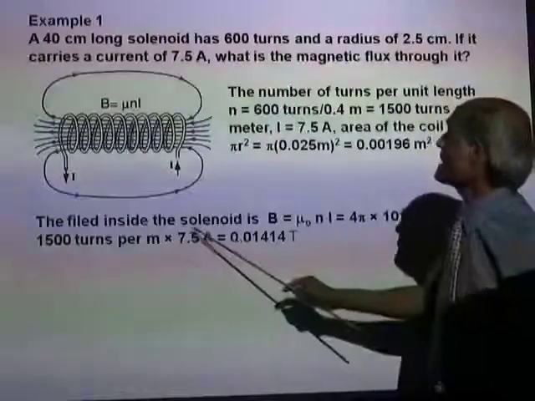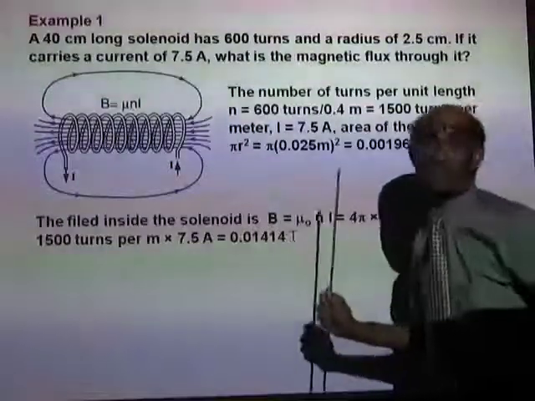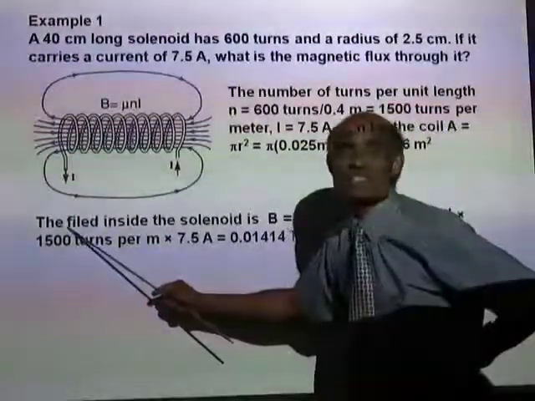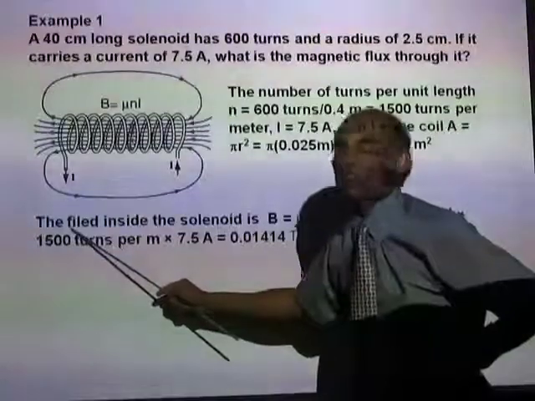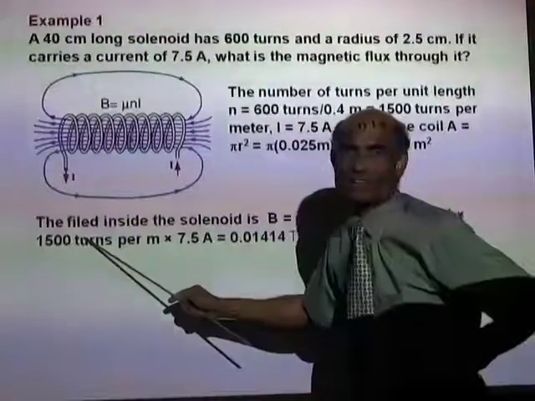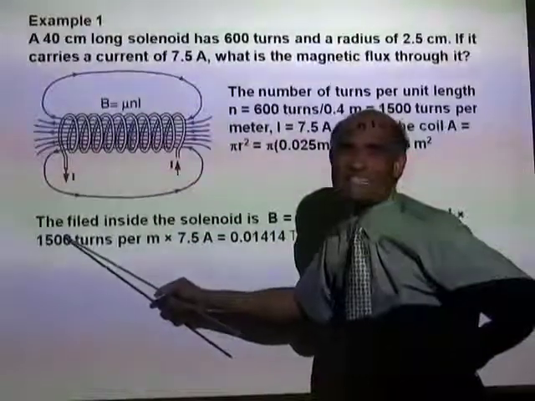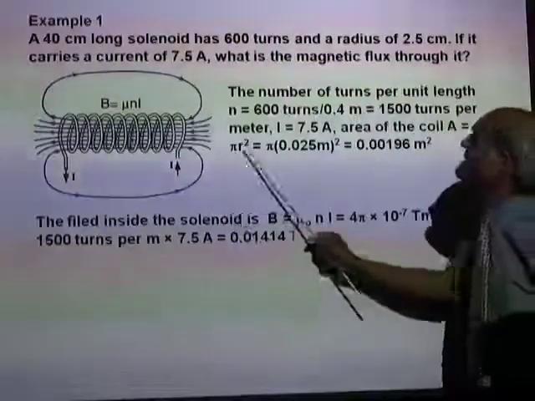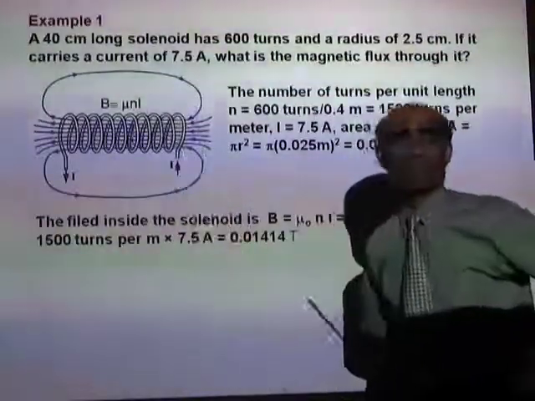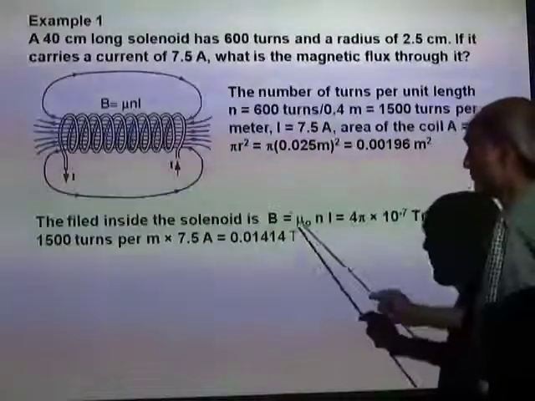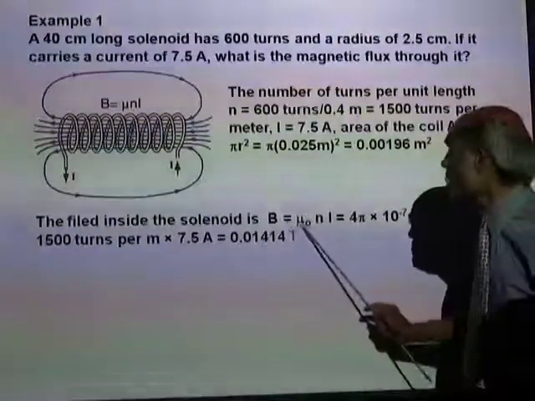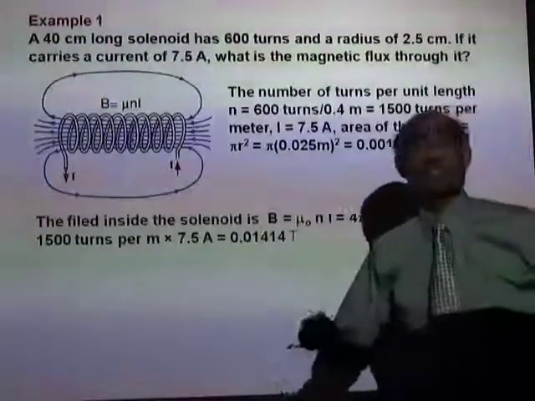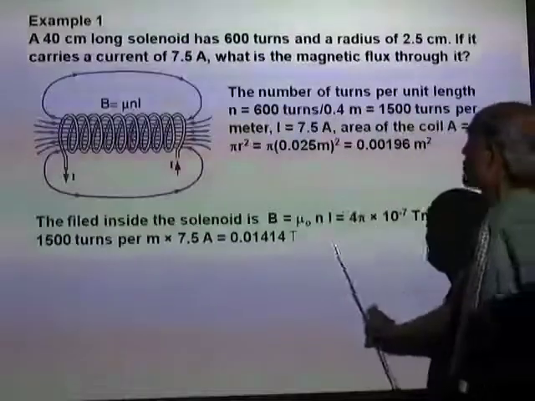Now, what's the expression for the field inside the solenoid? If you notice some misspelled word, this is supposed to be field, not filed. Microsoft Office doesn't detect it because it is a right word. Alright, what's the field inside the solenoid? We had talked about that in the first class. The field inside a solenoid is mu0 n i, where small n is the number of turns per unit length, and we have all those quantities.